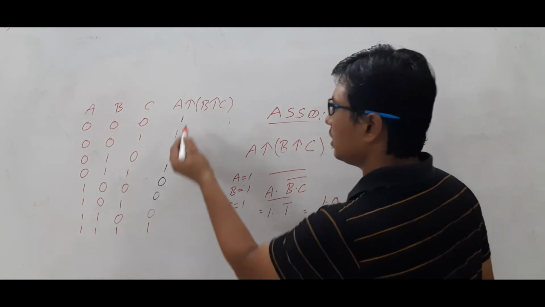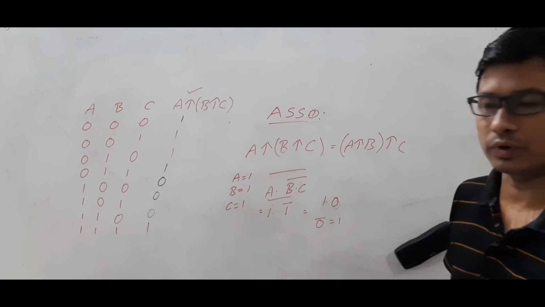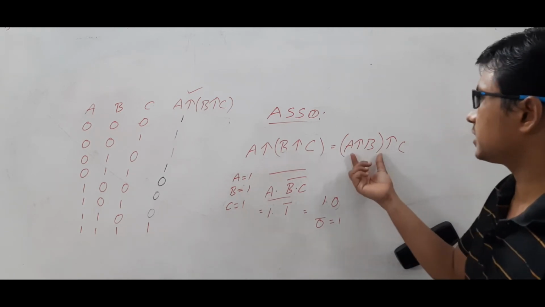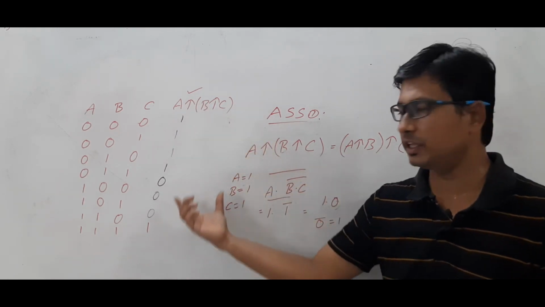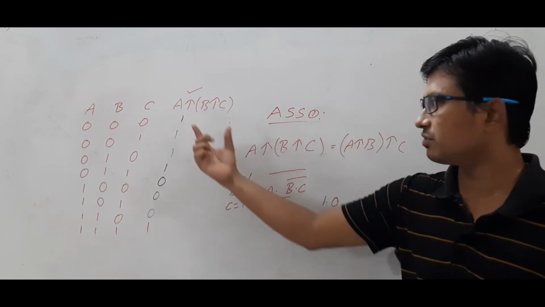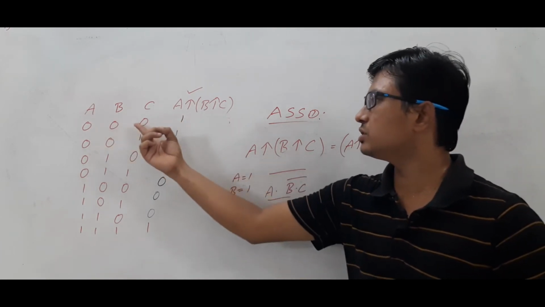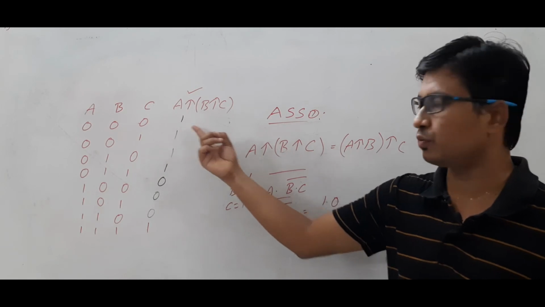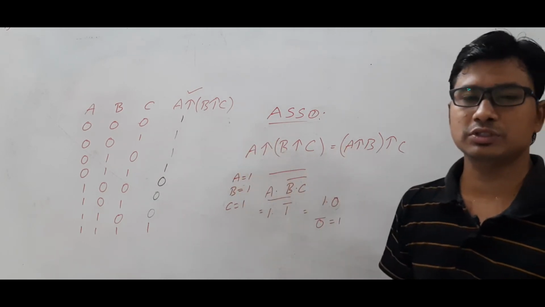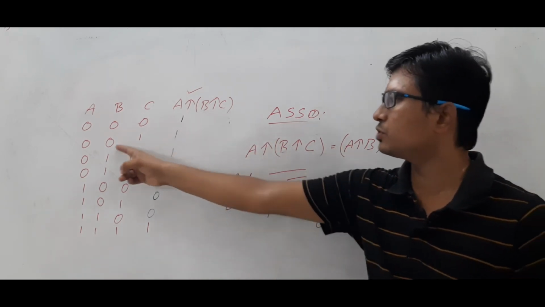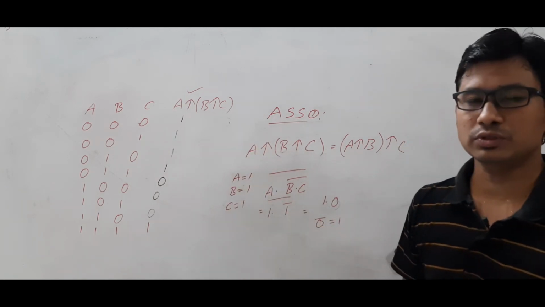So this is the output the function is producing. Similarly, you need to check this one, and if they are the same, it holds. Are you able to understand? For each combination, for 0, 0, 0, if it is producing the output 1, this function also should produce the output 1. Similarly, if it is producing 1, here also you should produce 1 only.